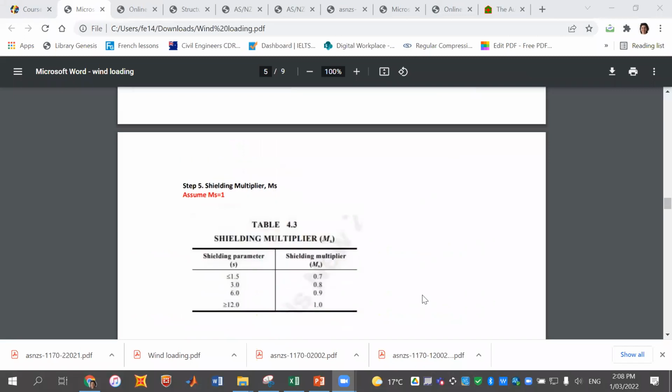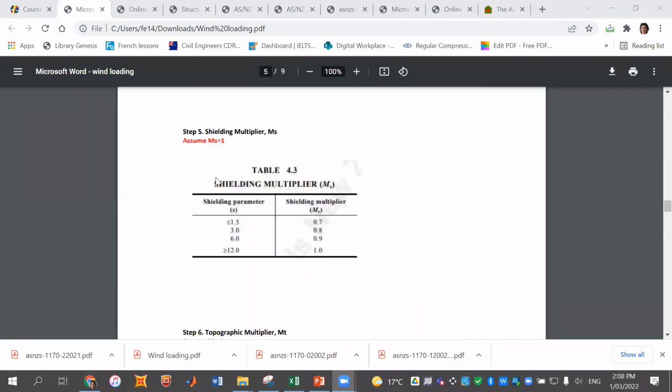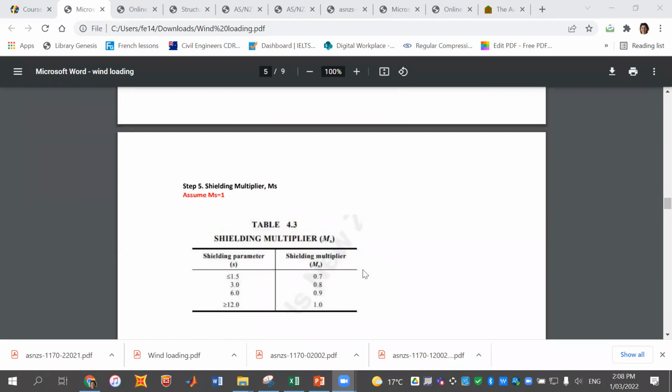Okay. The next step is to find the shielding multiplier. From the name, as you can see, shielding is based on, for example, other buildings or mountains or structures around your building that don't let wind blow on your building directly.